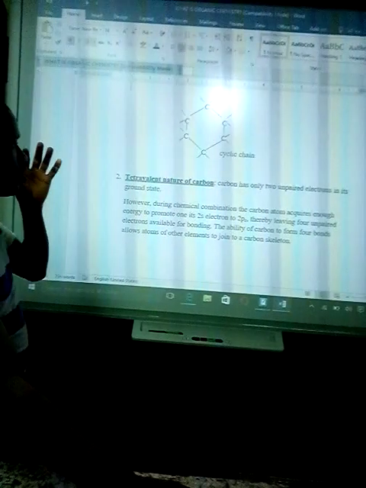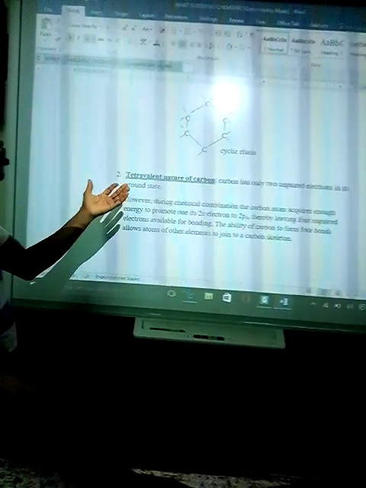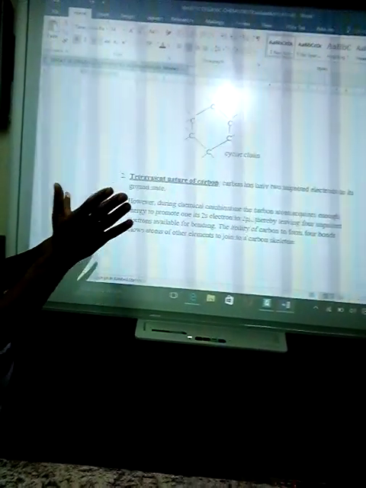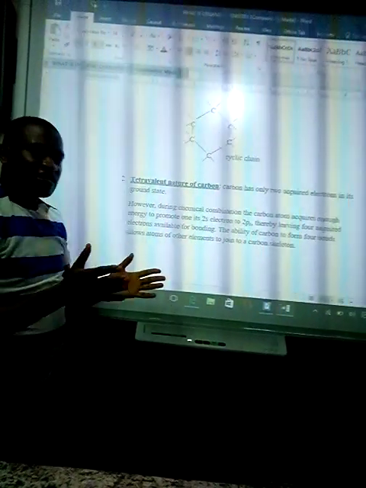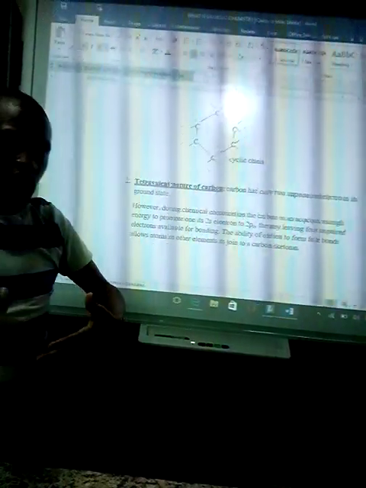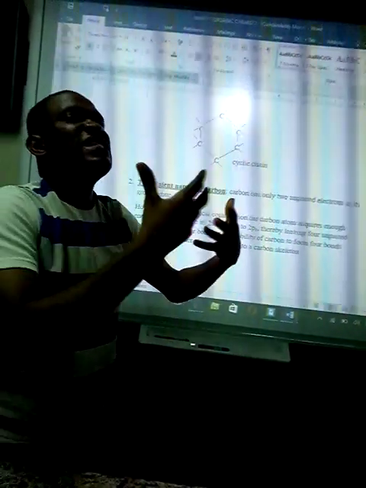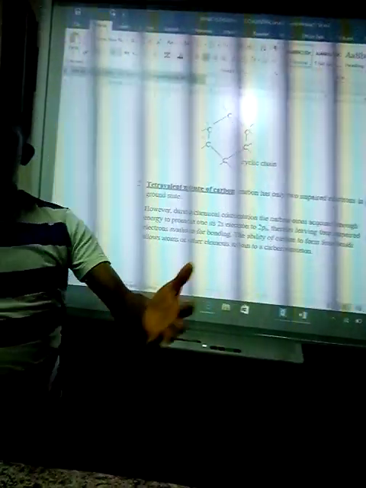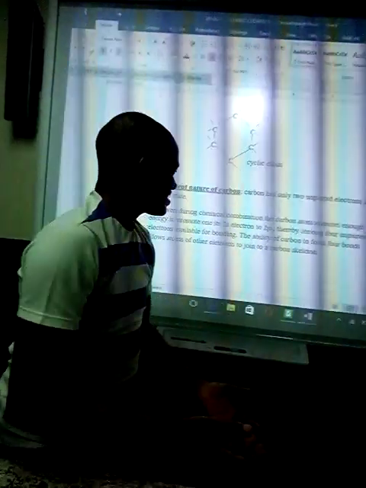Another reason why we have so many carbon compounds is the tetravalent nature of carbon. Carbon has only 2 unpaired electrons in the ground state. The ground state is the state before it begins the reaction. If the reaction starts and there is oxidation or reduction, you call it the excited state.